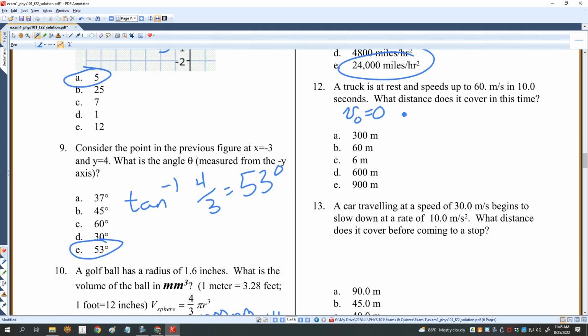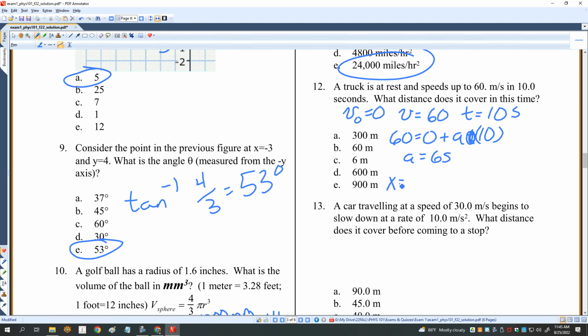A truck is at rest, v naught equals 0, speeds up to 60 meters per second, and t equals 10 seconds. And I want to know what distance it covers in that time. Well, first of all, I need to figure out the acceleration. So I'll say 60 equals 0 plus a times t, which is 10. And so a is equal to 6 meters per second squared.